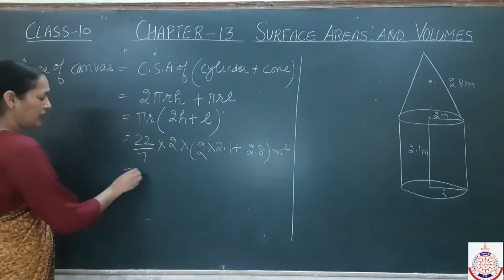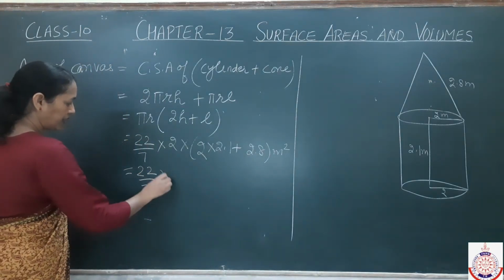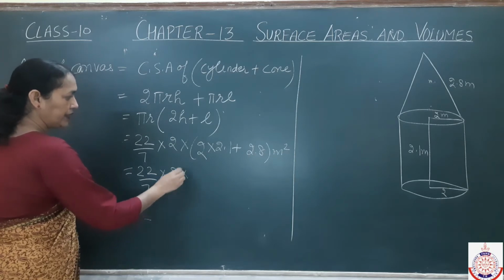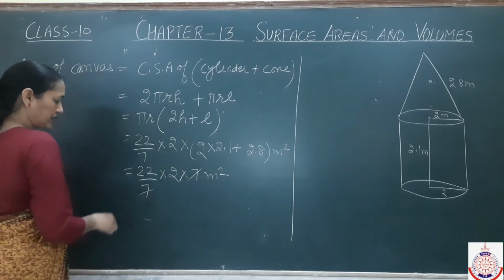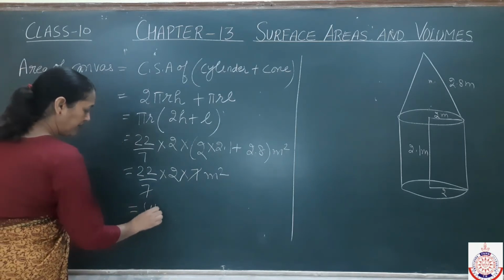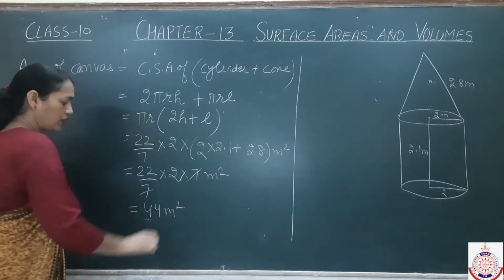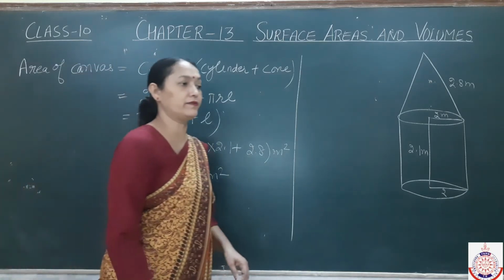So we have 22 by 7 into 2 into 7 meter square. 7 and 7 cancel, so we have the area of canvas as 44 meter square.